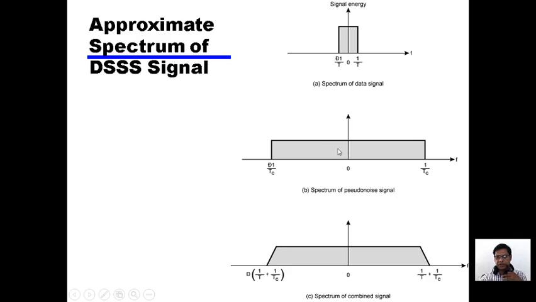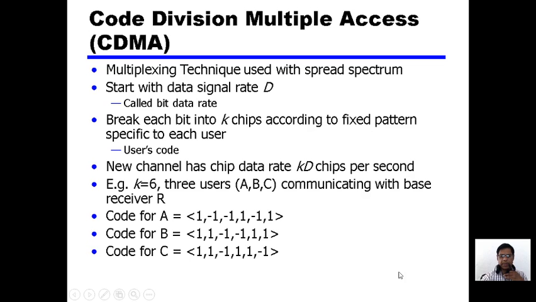Spectrum of signals is adding and then pseudo noise. Okay, and here it is transmitting as 1 by T plus 1 by Tc. Okay, here it is frequency, and here it is 1 by Tc, here it is 1 by T plus 1 by Tc.